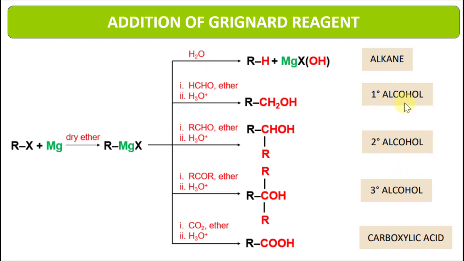To form a primary alcohol, the Grignard reagent will react with methanal in ether, followed by hydrolysis. The methanal here has a common name, which is formaldehyde.